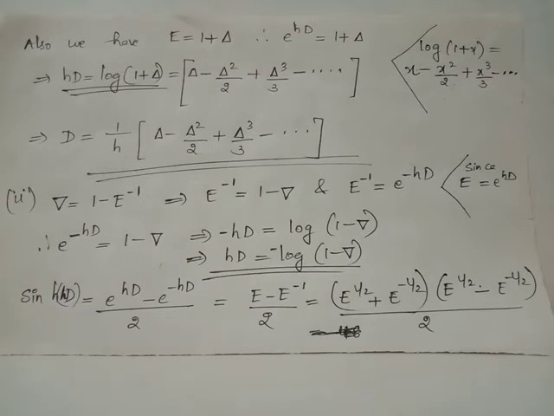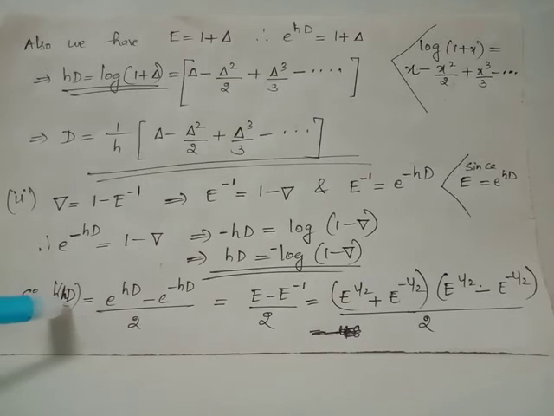Now we will prove the relation sinh inverse mu delta equals hD, where mu is the averaging operator and delta is the central difference operator. Since we have hyperbolic sine, sinh x equals e raised to x minus e raised to negative x upon 2, we have sinh of hD equals e raised to hD minus e raised to negative hD upon 2.